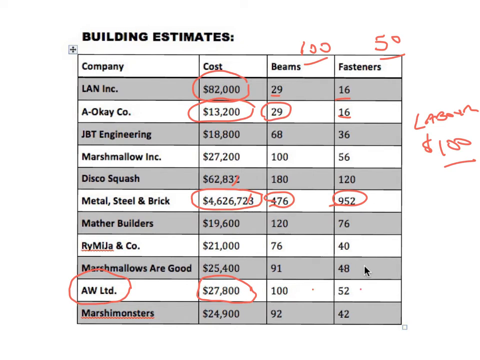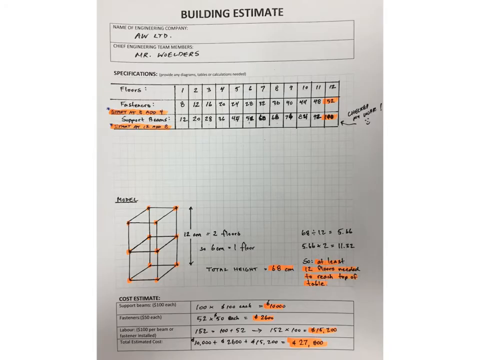There are some other groups like Marshmallow here. They were pretty close to that, as was Marshmallows Are Good. The Mather Builders were on the right track, and the Marshy Monsters weren't too far off as well. So there are some bids here that were pretty close. Let's look at how I put together my bid to come up with a pretty accurate cost.